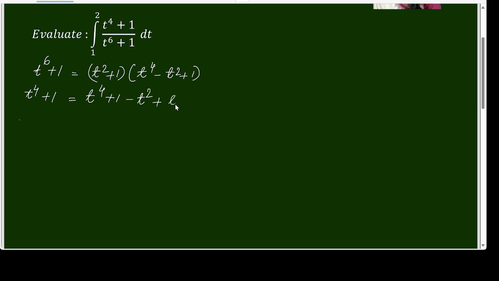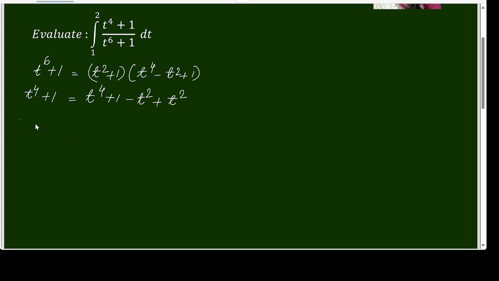So let's see. If we see the denominator, t to the power 6 plus 1, it can be factorized into (t^2 + 1) into (t^4 - t^2 + 1). So t^4 + 1, the numerator, I can convert in terms of factors of the denominator like this: plus 1, negative t^2 and plus positive t^2.